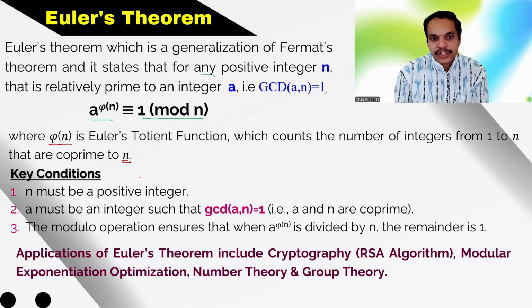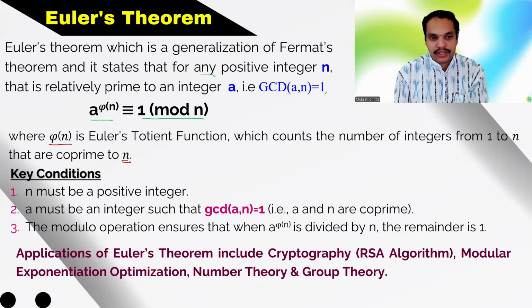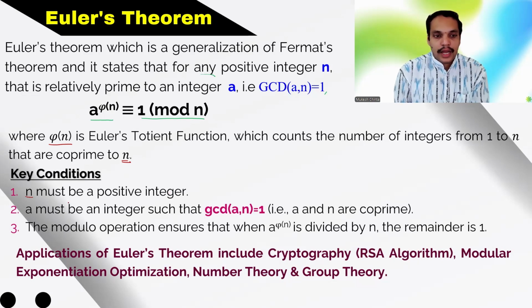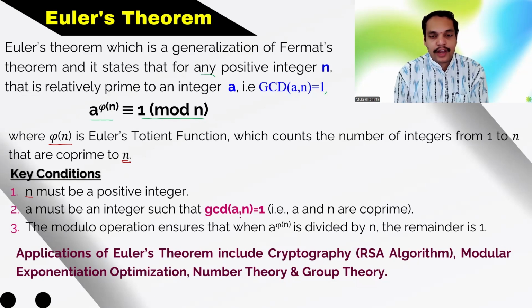There are some key conditions for us to apply Euler's theorem. n must always be a positive integer, and a must be an integer such that GCD of a comma n is equal to 1, so that a and n are co-prime. Both a and n must not have any other common divisors.